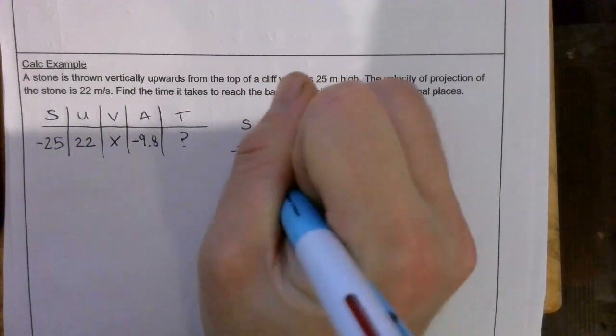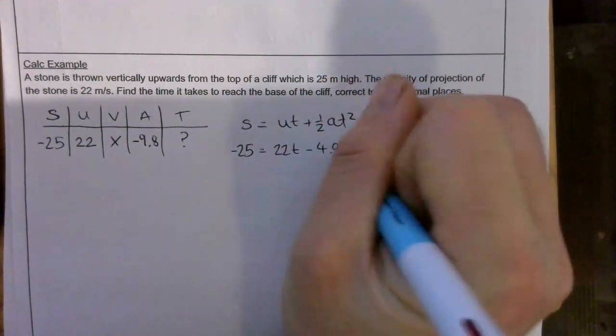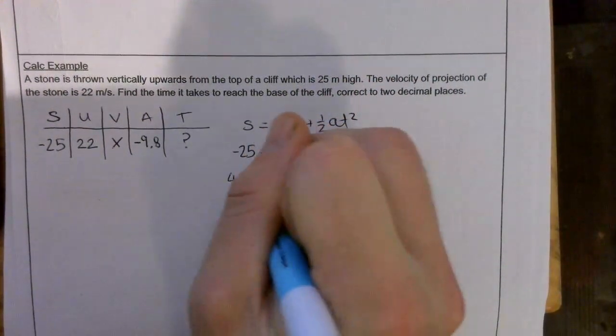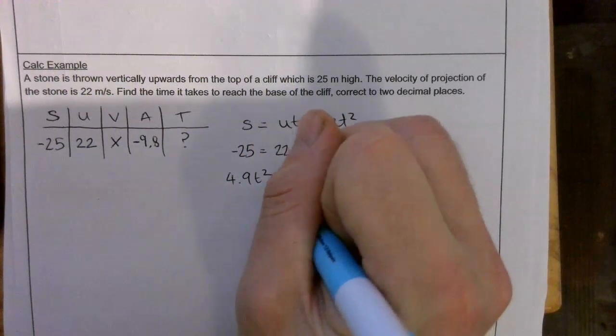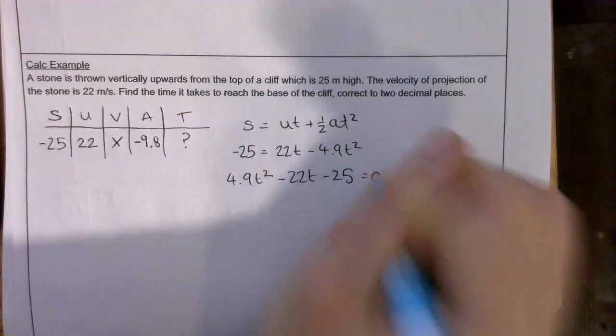So minus 25 equals 22t minus 4.9t squared. Rearranging to give myself a quadratic, 4.9t squared minus 22t minus 25 equals 0.